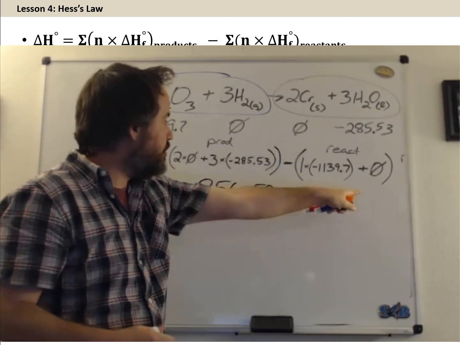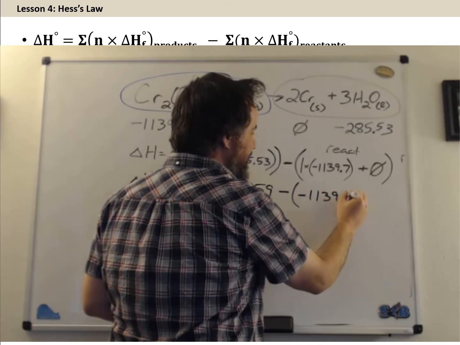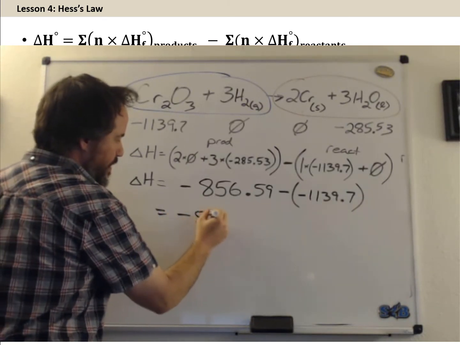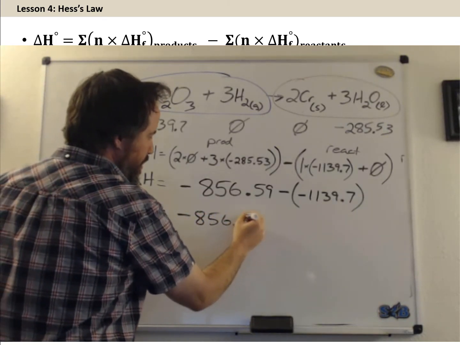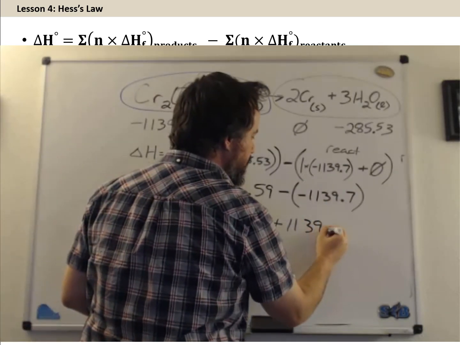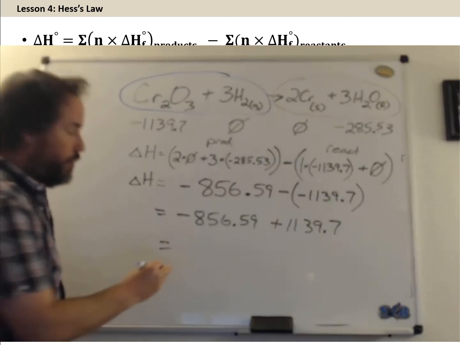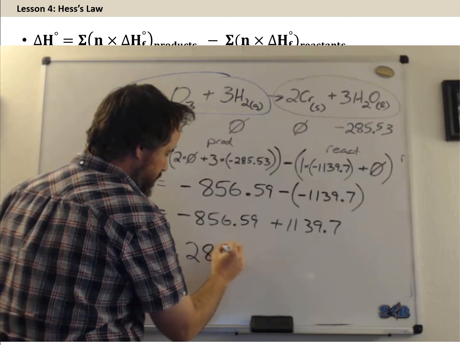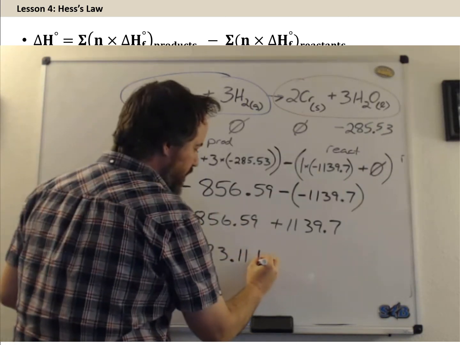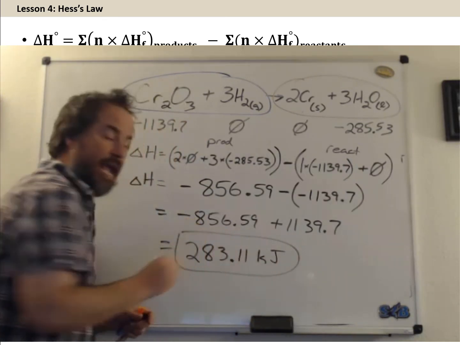So when I do this, this gets me minus negative 1139.7. Minus a minus gets me positive. And that's going to get me a value of 283.11 positive, so I don't even include that, kilojoules. So I circle this, and that's my answer.